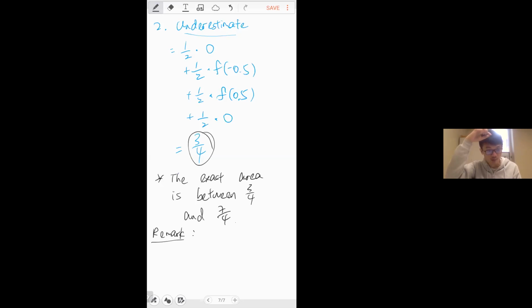All right. Before I move on to the next topic, one last remark. When doing the estimation, what happens when I take more and more rectangles? What can you say about the estimation? Okay, so the more rectangles I use, the more accurate my estimation would be.